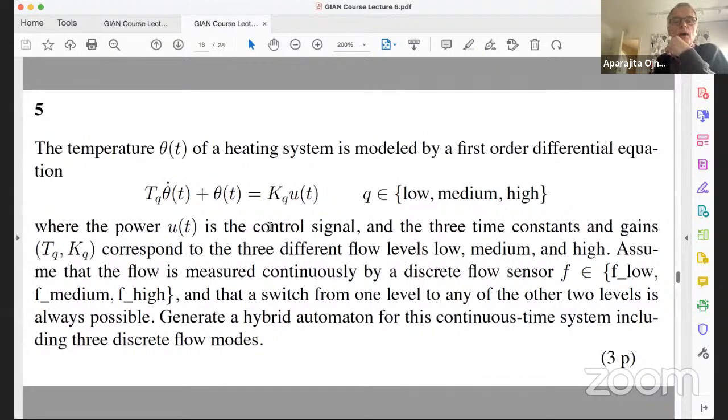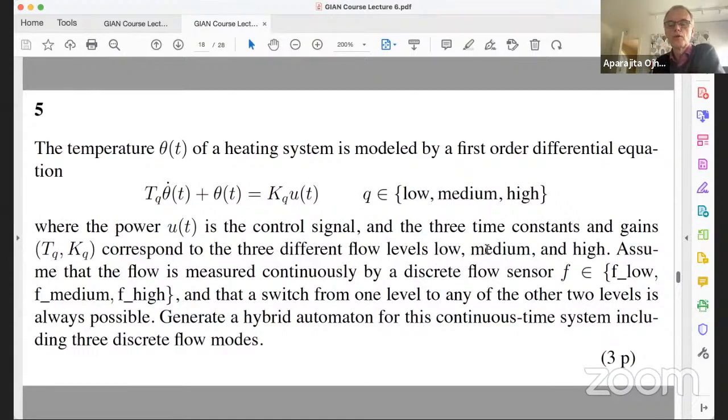Okay, the power is the control signal, and we have 3 different time constants and also static gains here, and they correspond to 3 different flow levels: low, medium, and high.